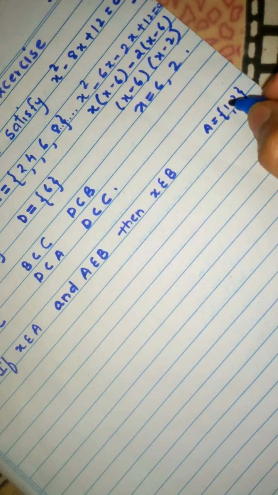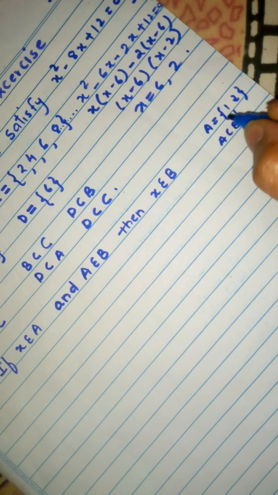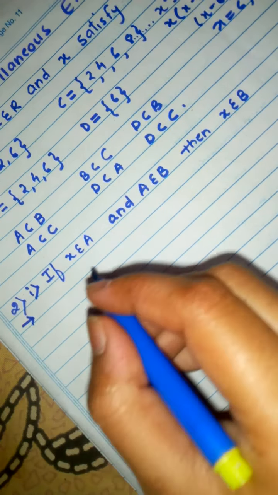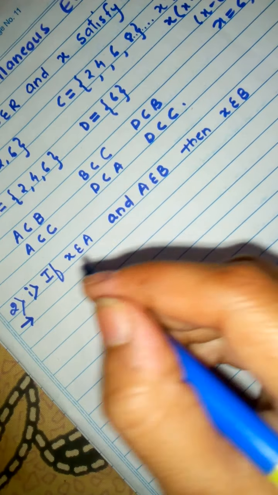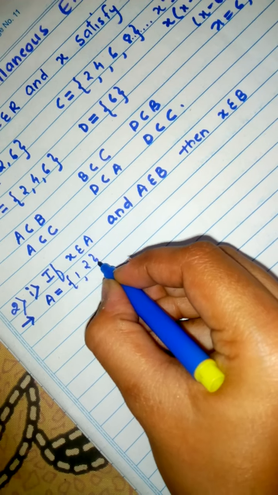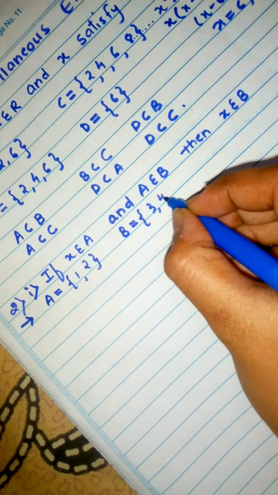And when we say subset, that means every element of it has to be in the set B. Now we'll take one example. We'll take A and B as two sets, A equal to {1, 2} and B equal to, let us say, {3, 4}.